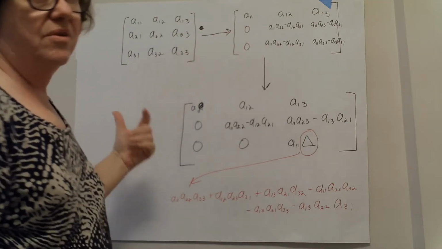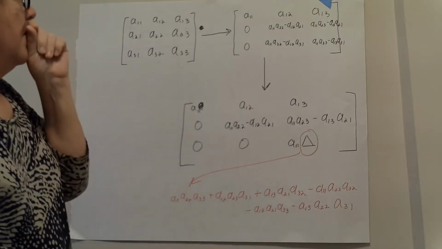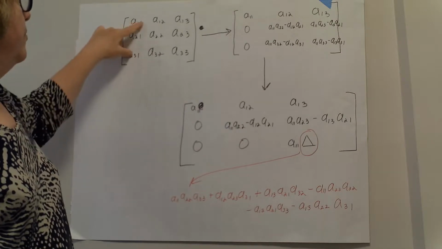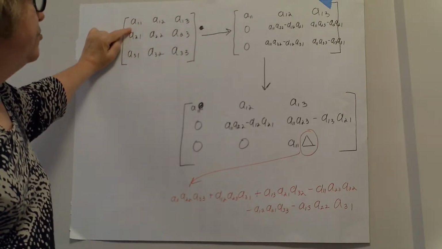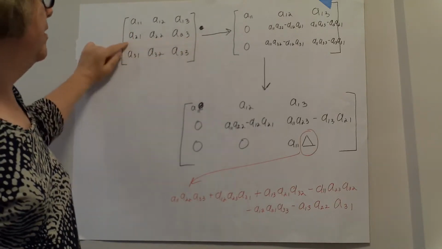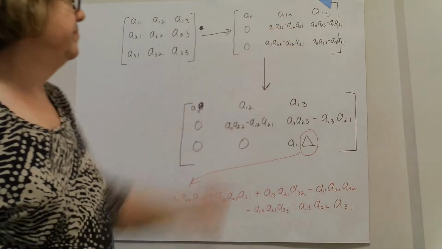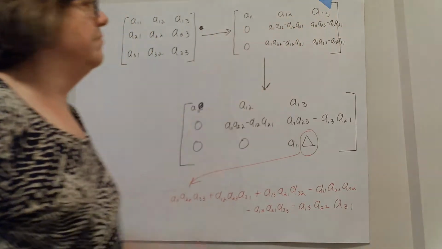I'm going to do something like I did with the 2 by 2 matrix. To get rid of this, I'm going to multiply this row by -a21 and multiply this row by a11 and then add them. And I get that. And I get that. Of course, the first row stays the same.